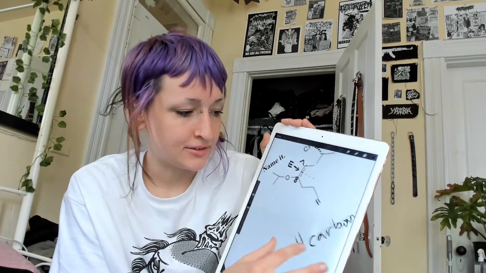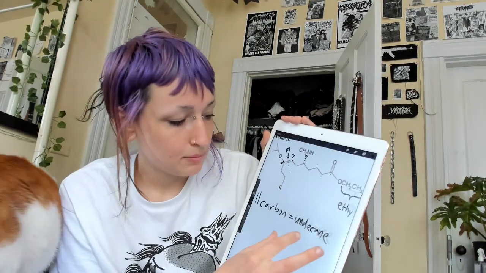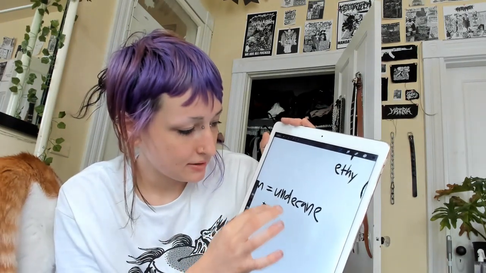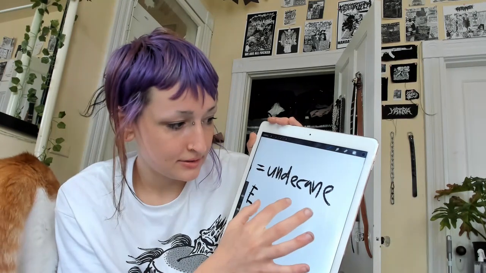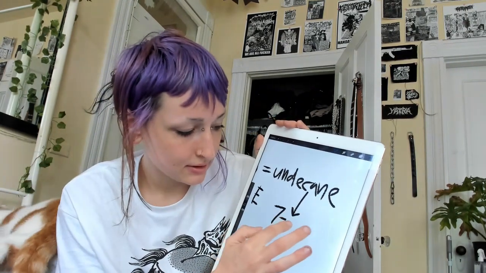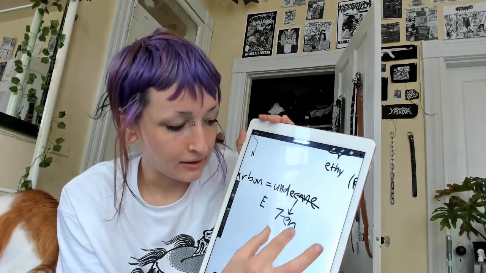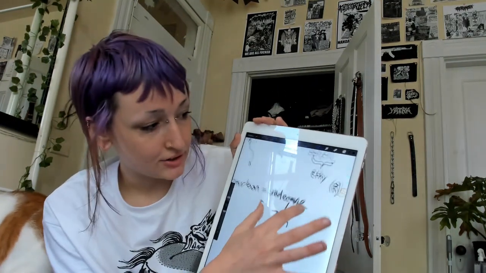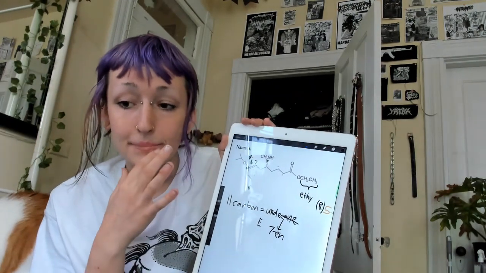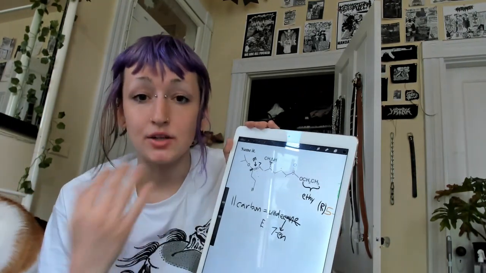Let's insert it into this name, actually. So it was undecane, but you know that it's going to have a double bond here. It's going to be E, and it's going to be undec-7-ene. And I'm not going to finish this yet because if I look at this here, it is an ester, so we're going to name it as an oate.